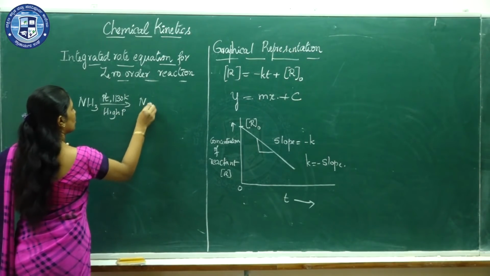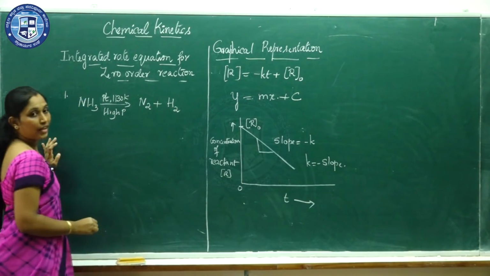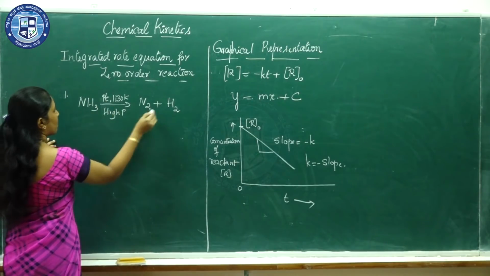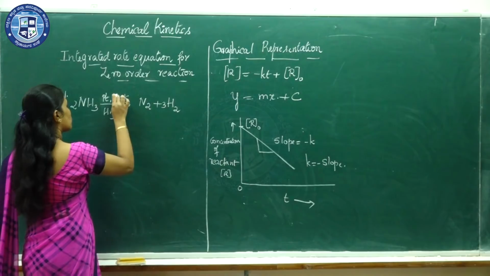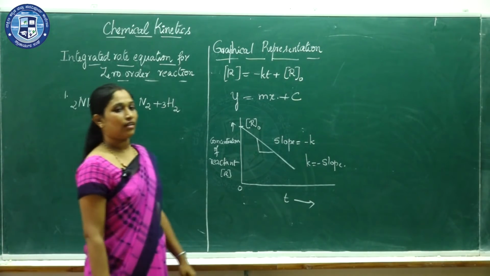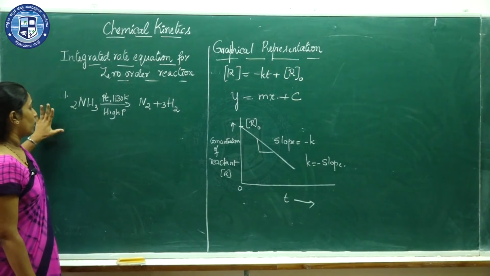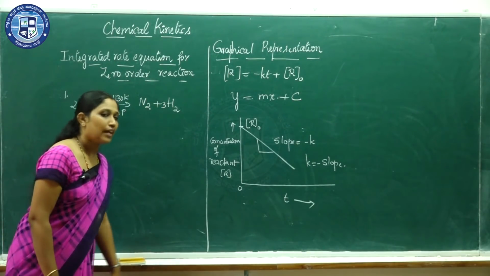What you get is, when ammonia decomposes, you get N2 and H2. So here it is 2 NH3 giving N2 plus 3 H2, so the equation is balanced, at 1130 Kelvin. Okay, so decomposition of ammonia is a very good example of zero order reaction.